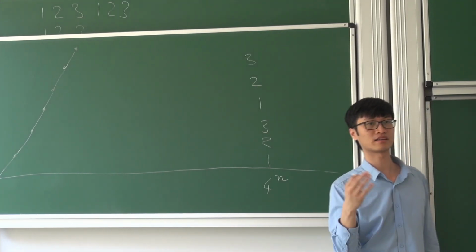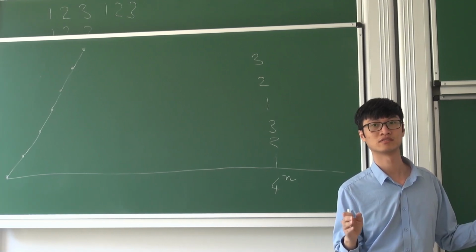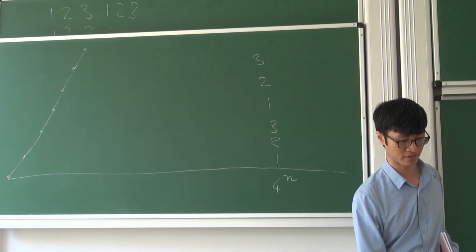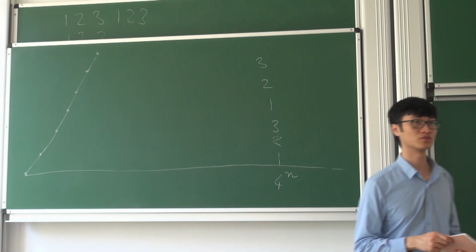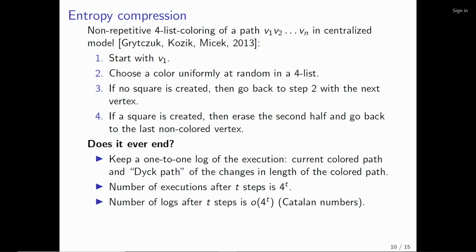And so you get some Dyck path of length 2t. And this is some Catalan numbers, and if you estimate the asymptotics, you'll see that this combined with this, at some point, cannot grow as fast as 4 to the t. That's basically it.